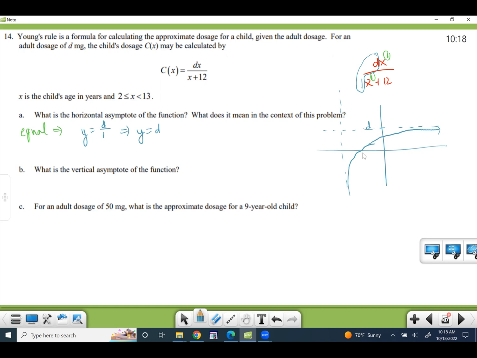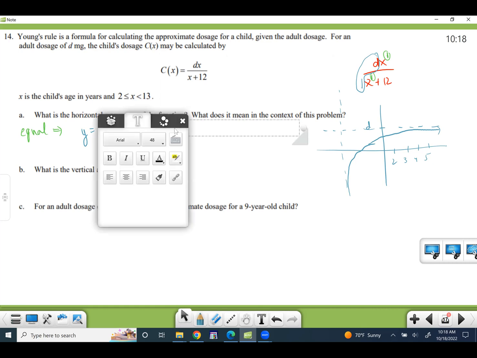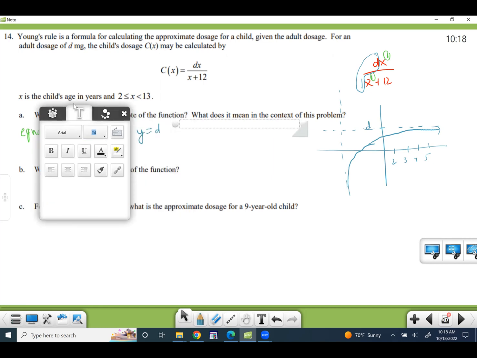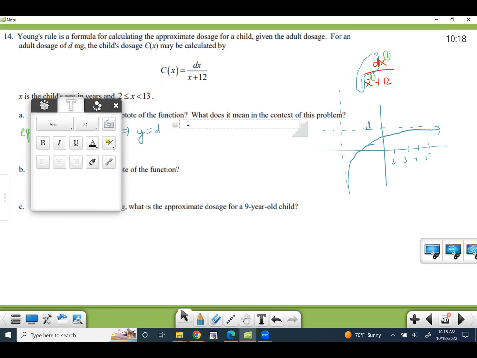Okay, so that makes sense. As a child gets older, right? This is their age in years. So you've got a 2-year-old, a 3-year-old, a 4-year-old, whatever. As your child gets older, their dosage should be approaching the adult dosage. Okay, so that's what this means. As a child gets older, their dosage will approach the adult dosage.